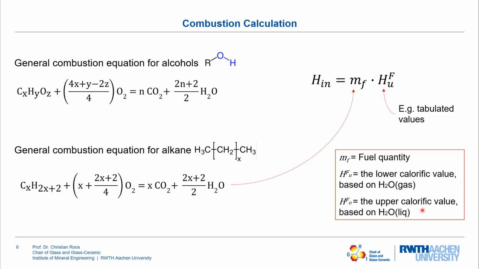So the upper calorific value is always higher than the lower calorific value. However, because in glass furnaces the temperature of the off gas is usually way above 100 degrees Celsius because of certain filter requirements later in the process, we always consider the lower calorific value.